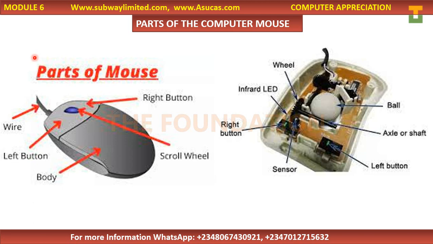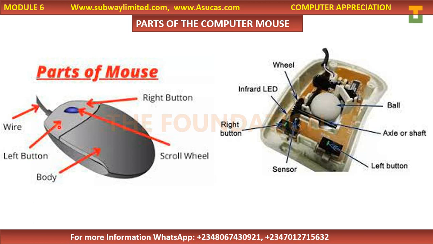So, parts of the computer mouse. This is a typical computer mouse. You can see this is the wire that leads to the port. You connect it so that your computer can work effectively.